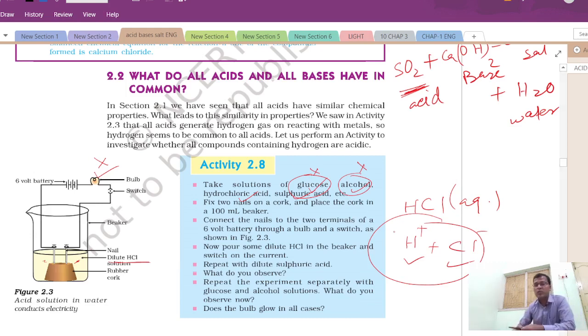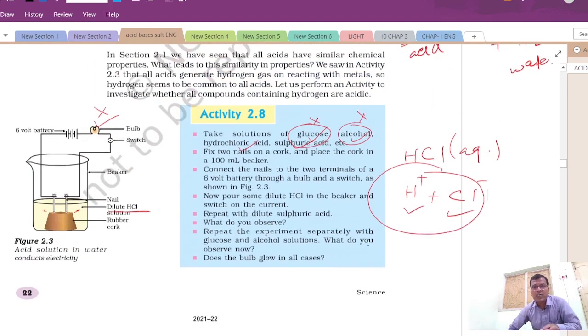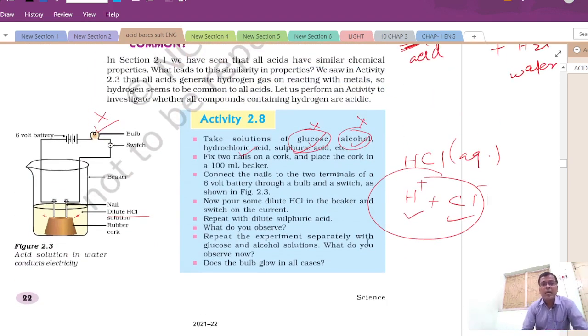And if a compound will not break into ions, then it cannot allow electricity to flow through the solution. This is very important. Please have your attention here.